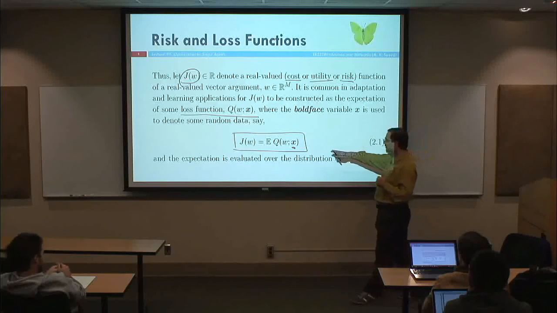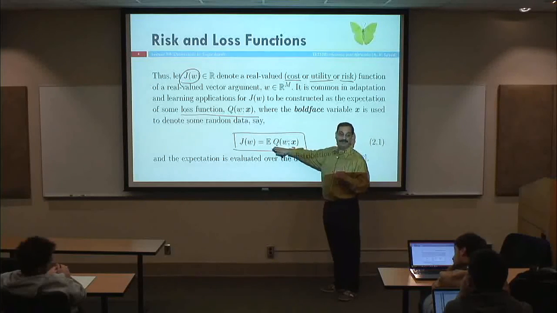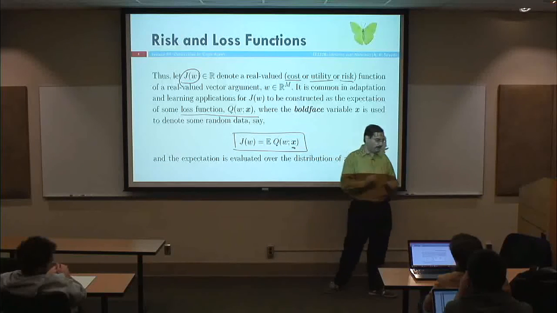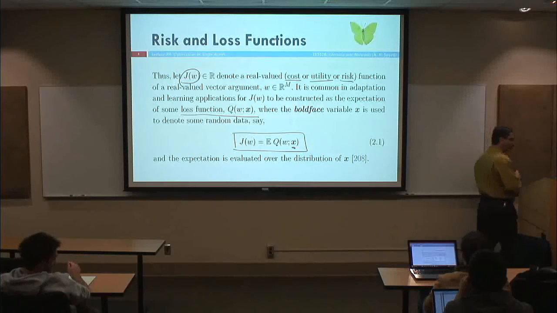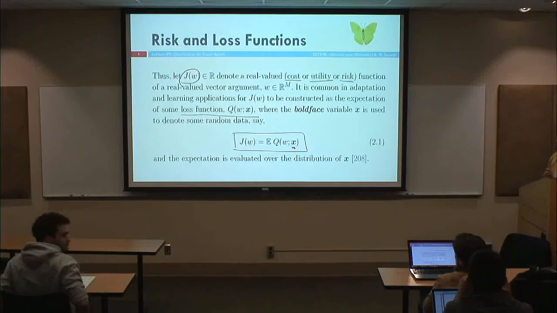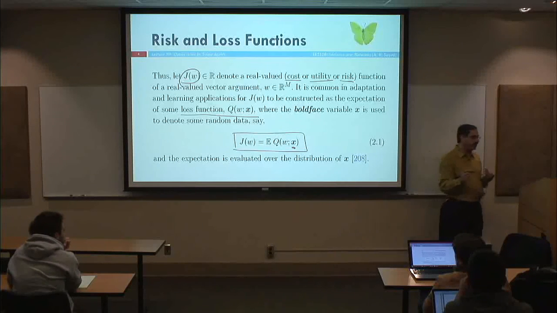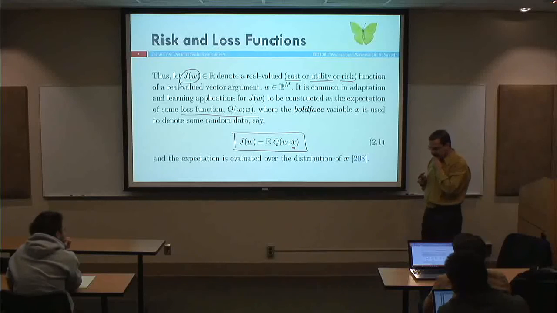There are many loss functions that can go in here. This is the general formulation: I have a risk function, which is the expectation of some loss function, and the expectation is over the distribution of some data. And I would like to minimize J.